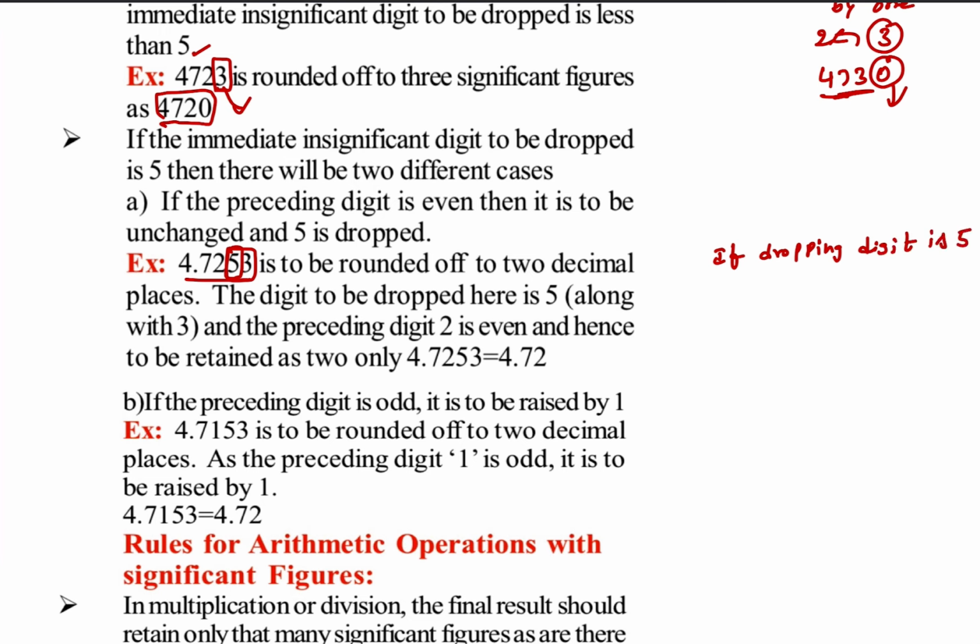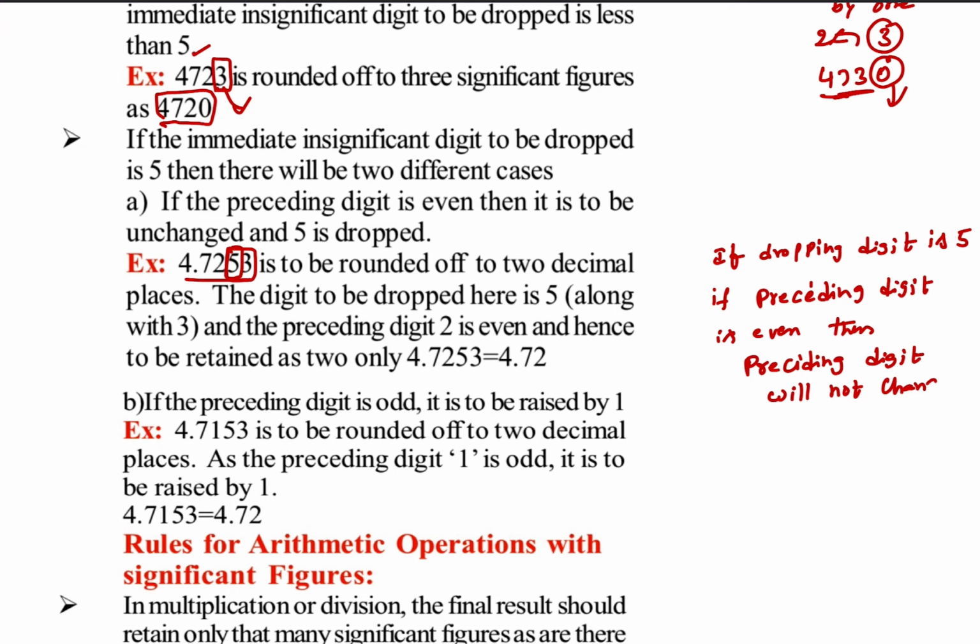We can see here the dropping digit is 5. If the preceding digit is even, then the preceding digit will not change.